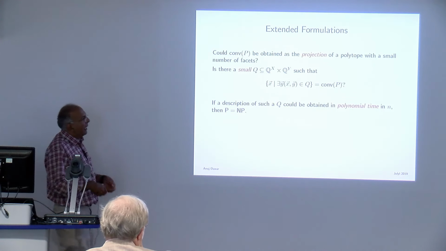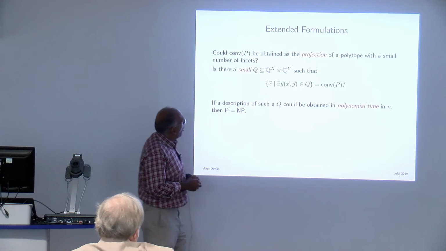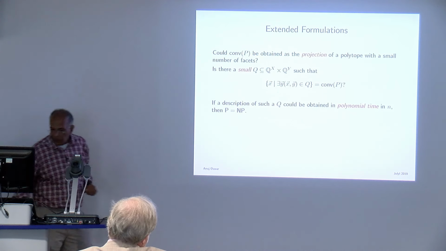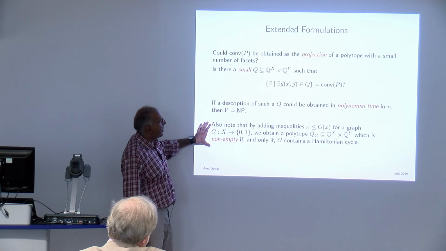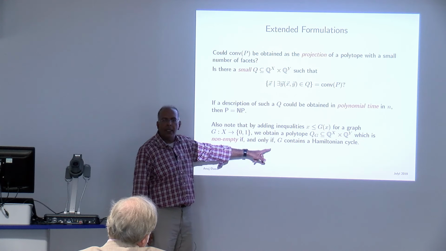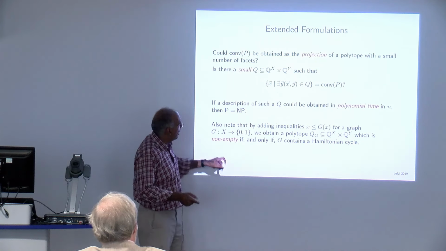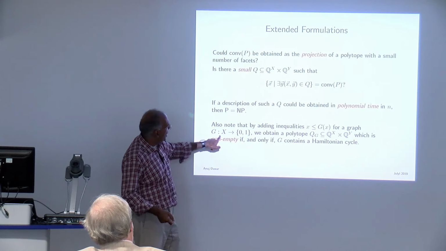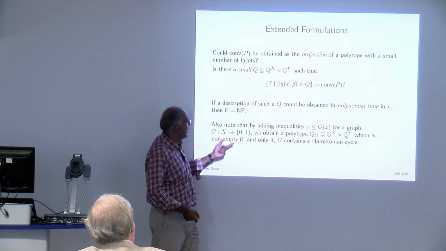And what does that mean? That is, in time polynomial in n, you can come up with a description of exactly such a Q. And it's an easy thing to see that you can turn this into a linear program for deciding Hamiltonian cycle. You get a linear program which is feasible if, so you have a particular graph G, you just add the constraints that x is always less than or equal to g of x.